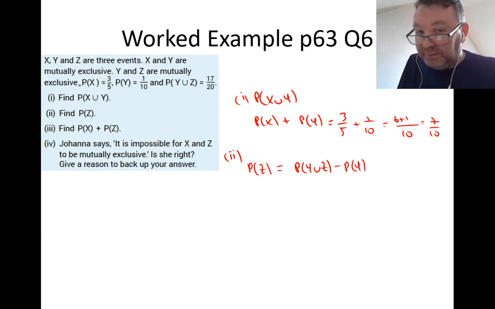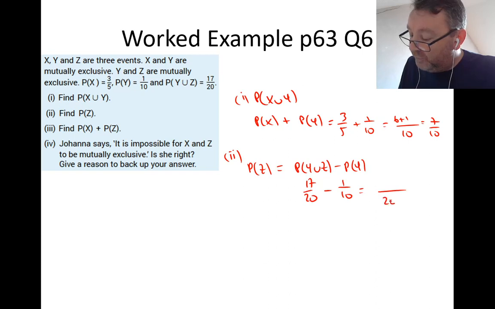Yes, they are, thankfully. So that means we can work this exactly as it is. The probability of Y union Z is 17 over 20, minus the probability of Y is 1 over 10. So therefore, that's 17 minus 2, which is 15 over 20, which is 3/4.